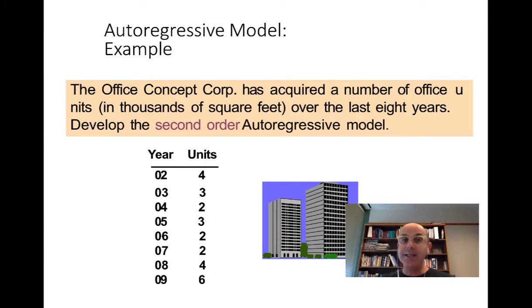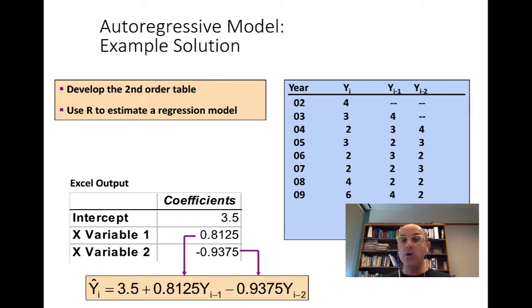And in this example, I showed you again office occupation over the last 8 years, and we developed a second order autoregressive model in order for us to do that. So in this case, this is a table. We have to have the table set up.